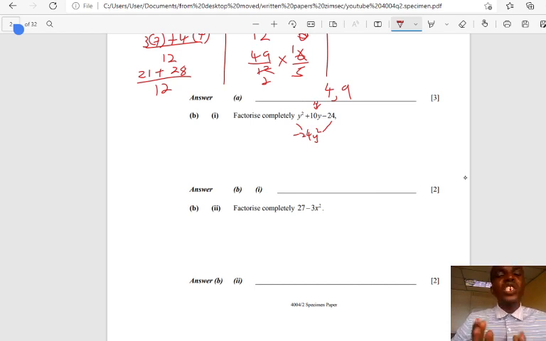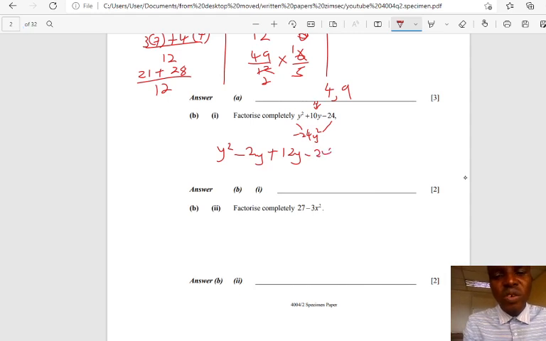So 2 and 12 make sense here. They are the factors. So you write y squared, minus 2y plus 12y, which gives us plus 10y, and when you multiply, they give us minus 24y squared.